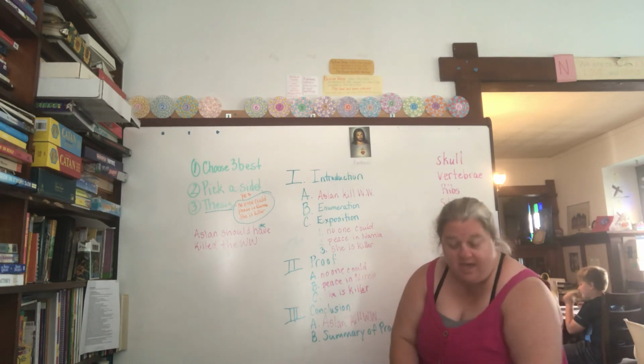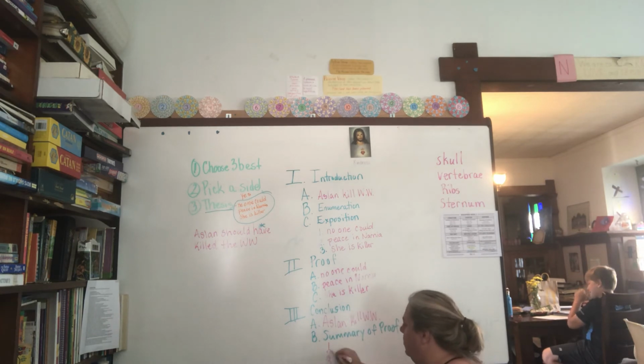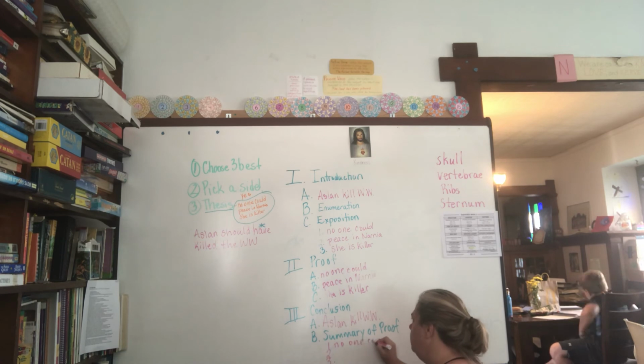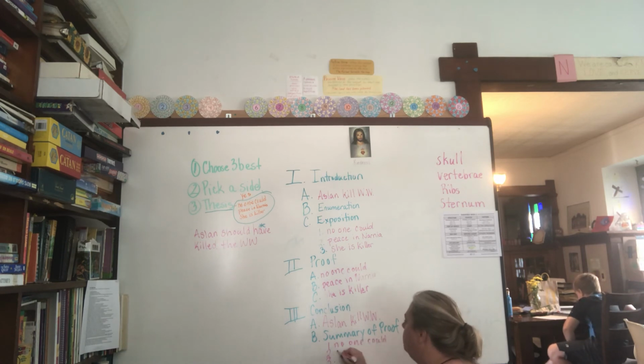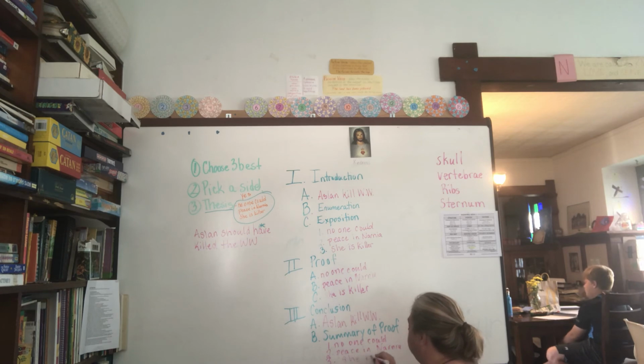But underneath that, notice the 1, 2, 3, and the asterisk there. So I will take the time to write out, no one could, peace in Narnia, she is killer. That's it.